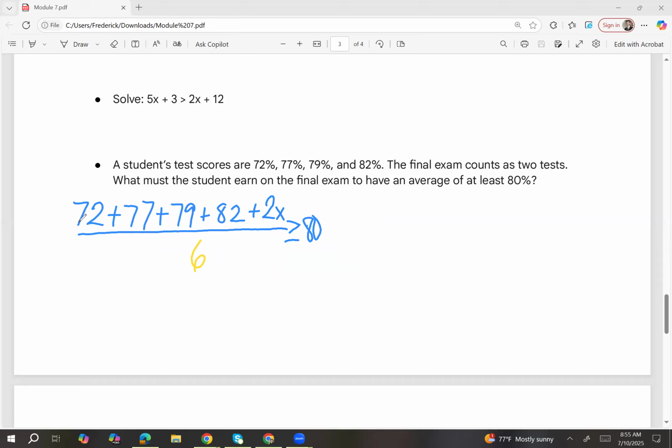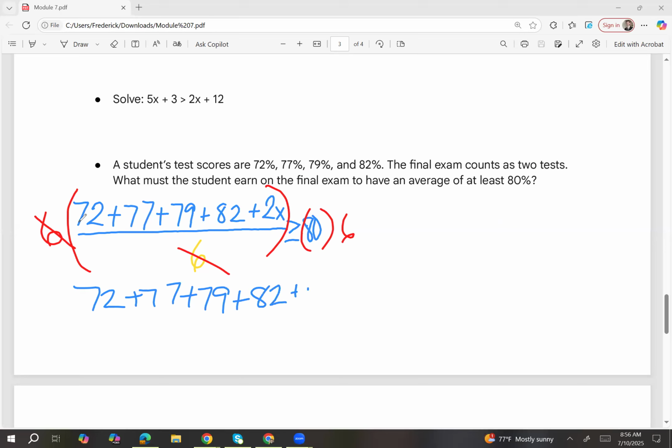So let's get rid of that 6 to start with, and we can do so by multiplying it on both sides. So over here, we do times 6, and then on the right-hand side, times 6 as well. That divides it evenly over here, and so we are just left with what's on the top, 72 plus 77 plus 79, 82 plus 2x, greater than or equal to 6 times 80. Take the calculator and do that calculation for 480.